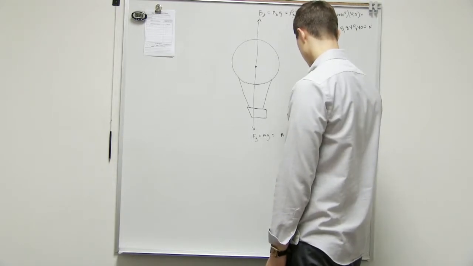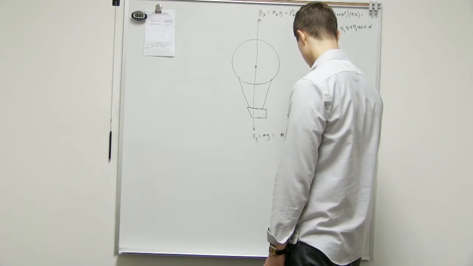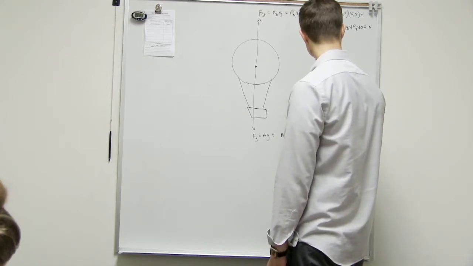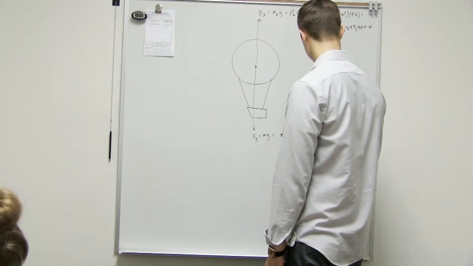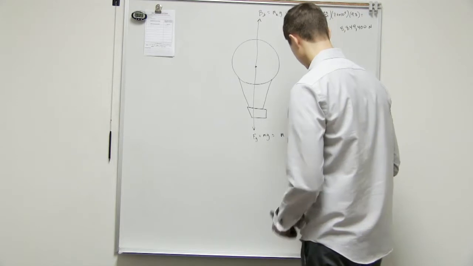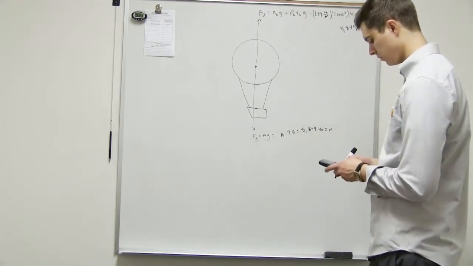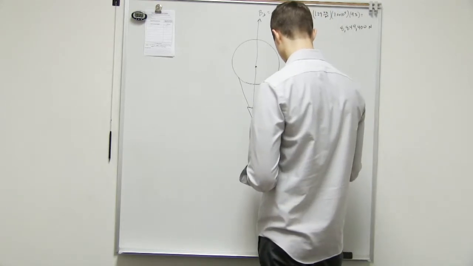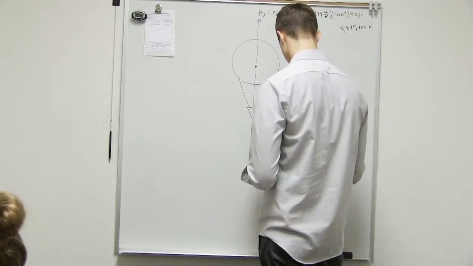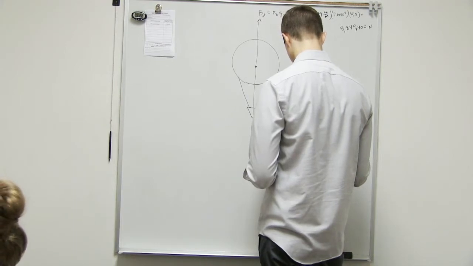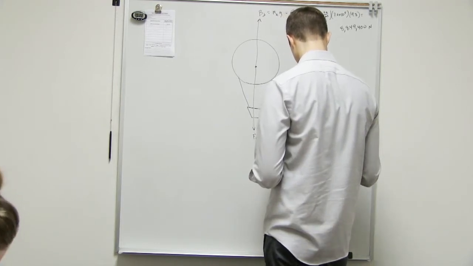So we're going to say M times 9.8 needs to equal this number. So we just end up dividing it by 9.8. We find out that the mass of everything is 903,000 kilograms.